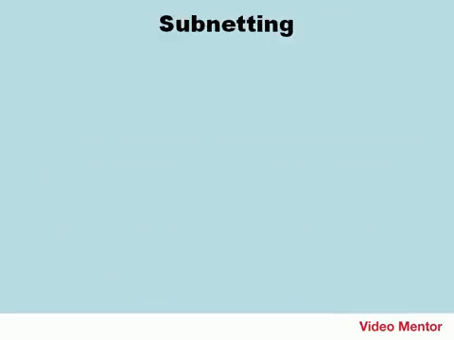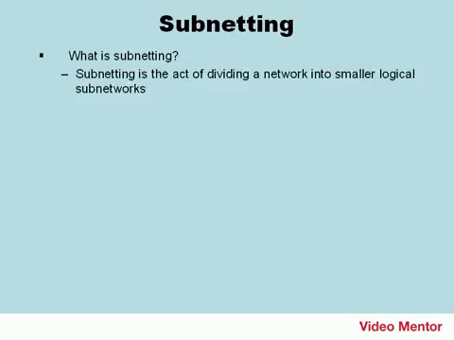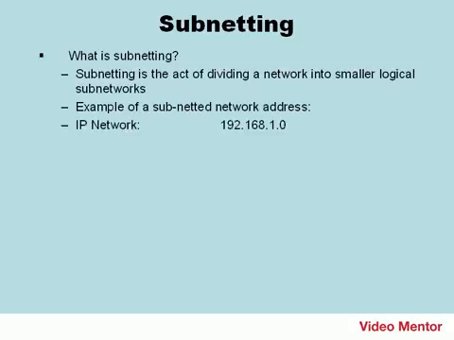Now let's talk subnetting. What is subnetting? Subnetting is the act of dividing a network into smaller logical subnetworks. Now let's show an example of a subnetted network address. The IP network 192.168.1.0, which normally would have a subnet mask of 255.255.255.0.